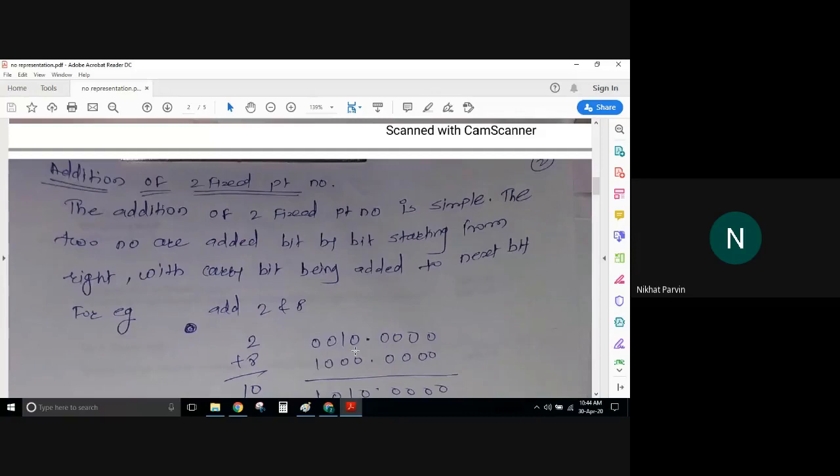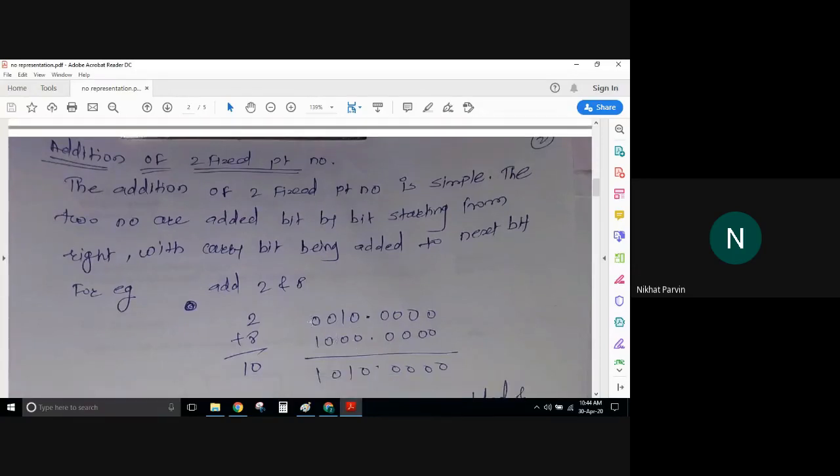When I do binary addition, I write the binary equivalent of 2 and of 8. Here you can see something like that I have written. When I am dealing with processors, I am dealing with registers, and the registers are 8 bits long. In that 8-bit length, the algorithm is written in such a way that the first four bits are the integer part and the remaining four bits are the fractional part.